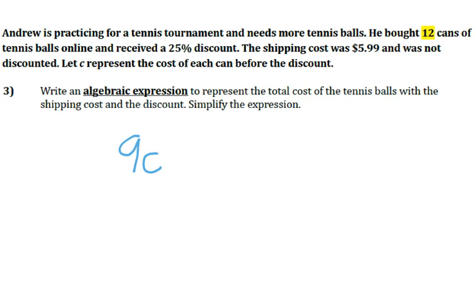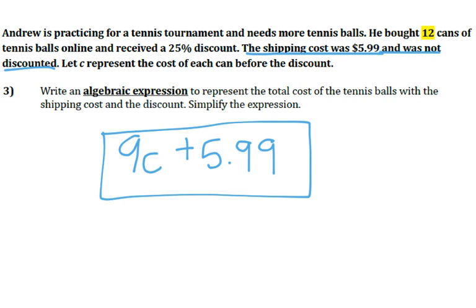So what we need to do is add the shipping. The problem says the shipping cost was $5.99 and was not discounted, so the 25% off doesn't apply to the shipping. So we're just going to add $5.99. And there's our expression that represents the total cost of the tennis balls.